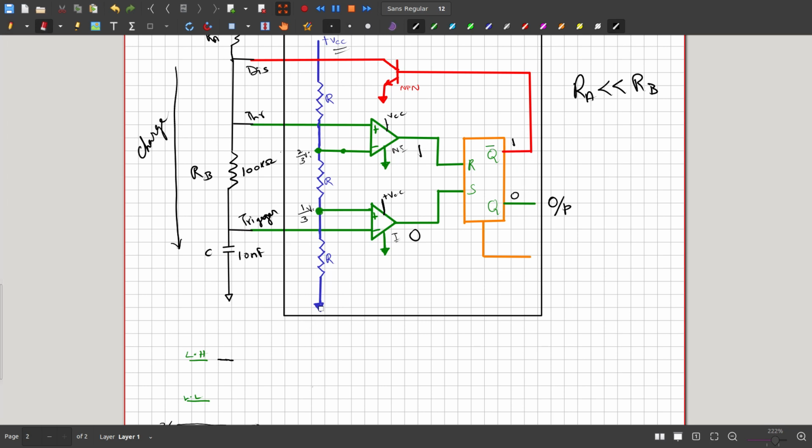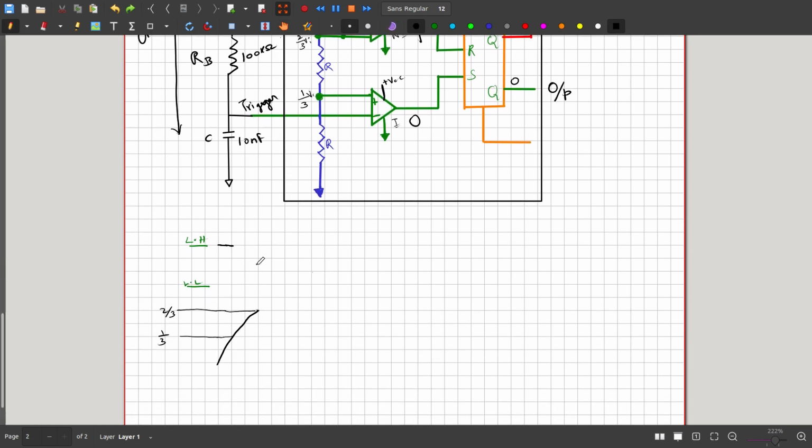When the capacitor reaches two-third, it will remain high here and here. Let me use some other color.